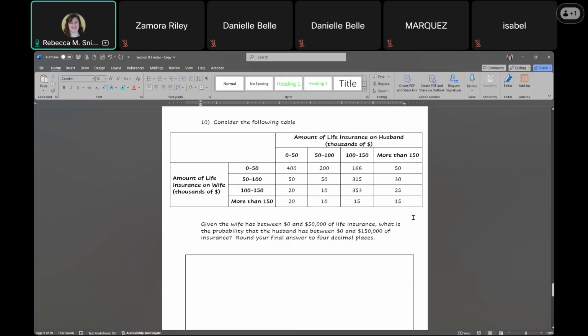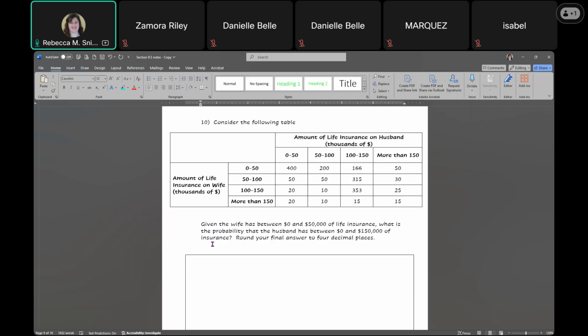And so that is what this table is given. What the question says is, given the wife has between 0 and 50,000 of life insurance, what is the probability that the husband has between 0 and 150,000 of life insurance? Then round your final answer to 4 decimal places.